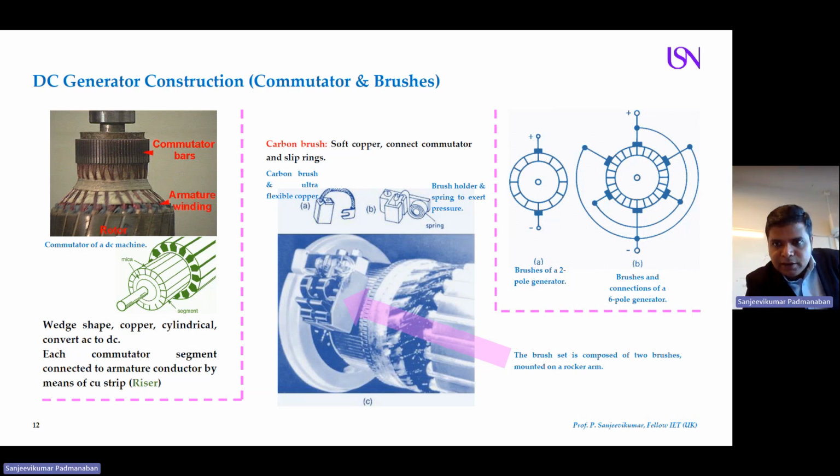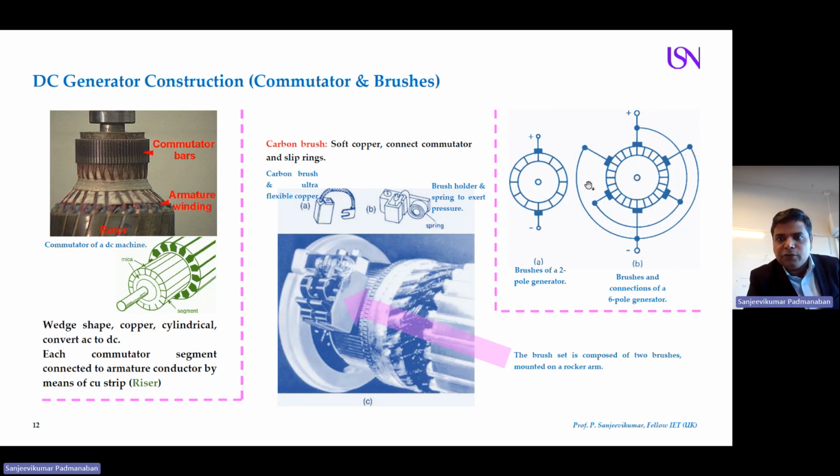And this is an example of how you have brushes for a two-pole generator. With a two-pole generator, you have two brushes. This is an example of a six-pole generator. You have six brushes, but at the output only two, only plus and minus. With only two brushes, I can easily say which is positive or negative. But if I have six brushes, how to do that? Connect all the negatives together, all the positives together, and you get two terminals.